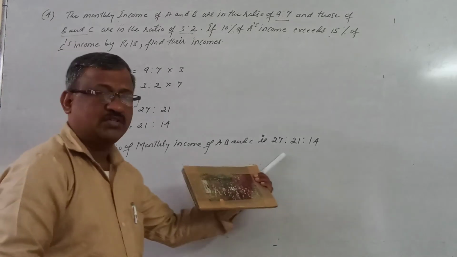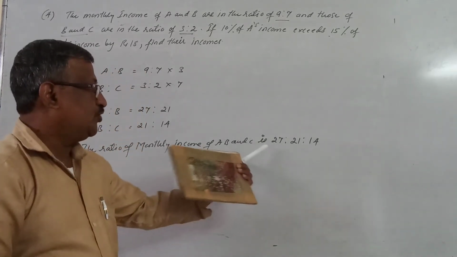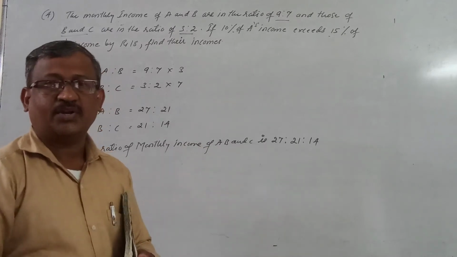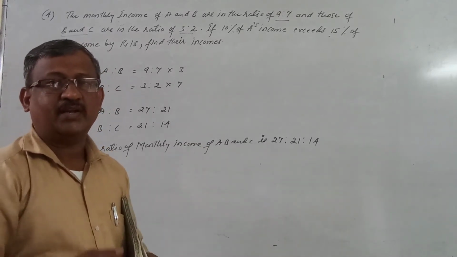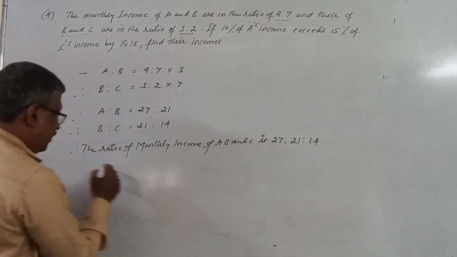So this is the ratio of monthly income. If we know the ratio of monthly income, we can easily assume their incomes. How can I assume their incomes?